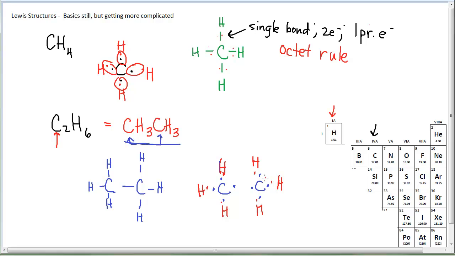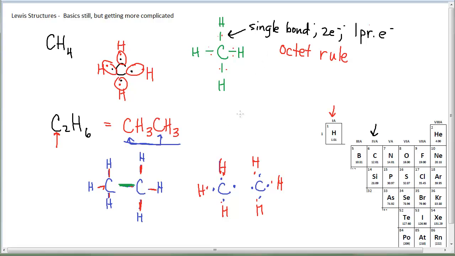Alright, it's a little sloppy, but you can see essentially what's happening is each of these bonds is forming by sharing 1 dot, 1 electron from the carbon and 1 electron from the hydrogen, and each of the carbons has 2, 4, 6, 8. Each of the hydrogens has 2 electrons, which is what it wants instead of the octet, and we see a single bond between the 2 carbons.